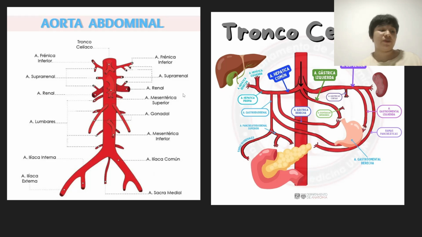As for blood supply, the main vessel is the abdominal aorta, which descends in front of the lumbar vertebrae and divides into the common iliac arteries.